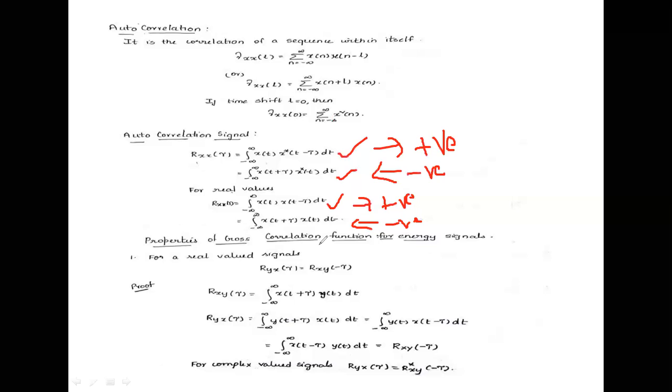So, properties of the cross correlation function for energy signals. For energy signals, we already proved that Ryx of tau is equal to Rxy of minus tau.